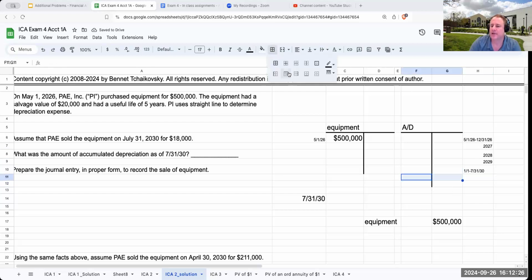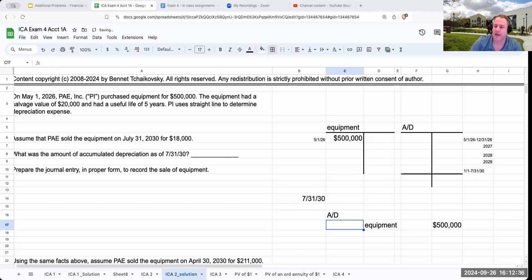So what I need to do is take off everything that relates to this asset. So it's going to be the equipment, and I'm also going to be debiting accumulated depreciation, because this will have a credit balance, right?